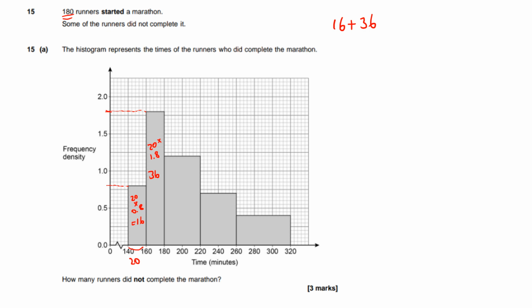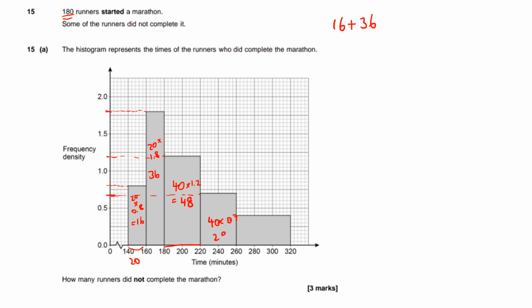Then I've got 40. So from here to here is 40, up to here is 1.2. Scales are really important, so you need to look into the scales in between those numbers. So I've got 48, 220 to 260. So I've got 40 times 0.7.